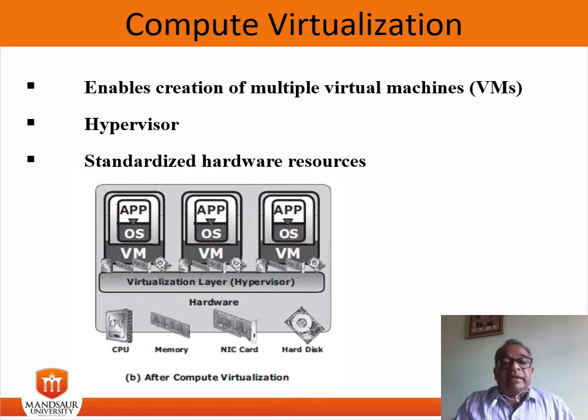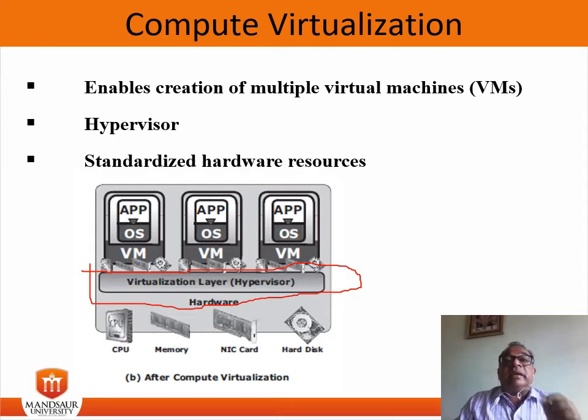Now you see here, this is the virtualization layer. This layer is called the hypervisor, and this hypervisor provides the hardware resources such as CPU, memory, NIC card, hard disk, etc., and the network also to all the virtual machines.